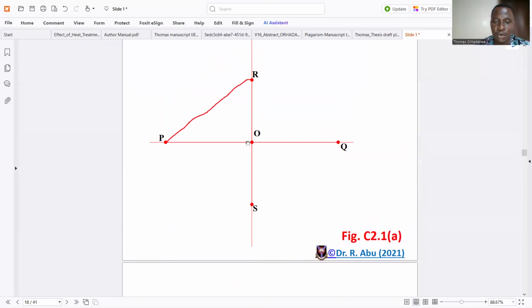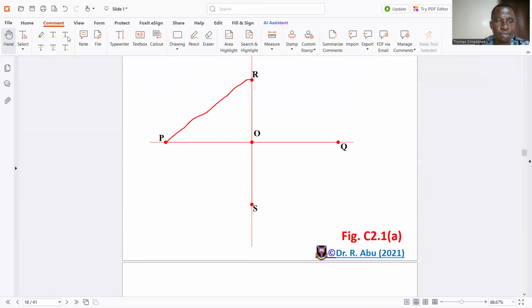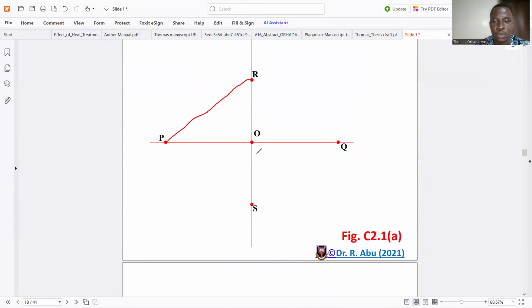With center O and radius PO, draw an arc to meet RS somewhere here at T.